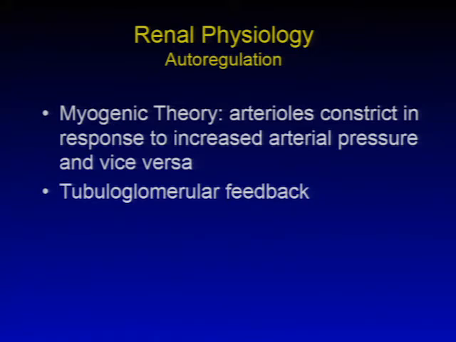Whenever there is a decrease in renal blood flow, there is a decrease in GFR, which decreases the amount of chloride ions delivered to the juxtaglomerular apparatus. This causes afferent arteriole dilation. The decrease in chloride delivery to the juxtaglomerular cells also stimulates the production of renin, which produces angiotensin II, which causes efferent arteriolar constriction. Both of these will decrease the GFR.